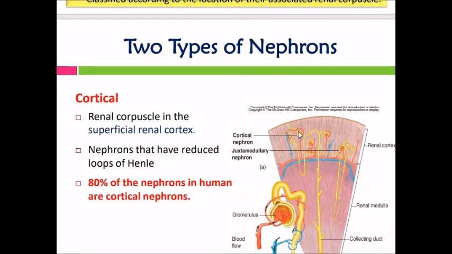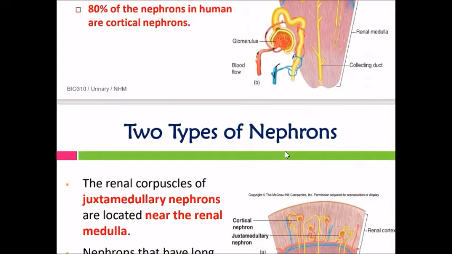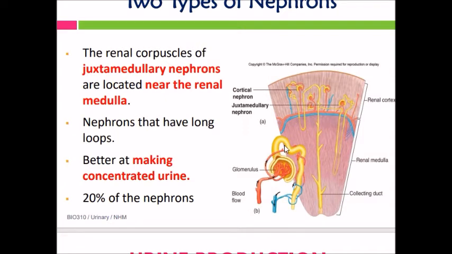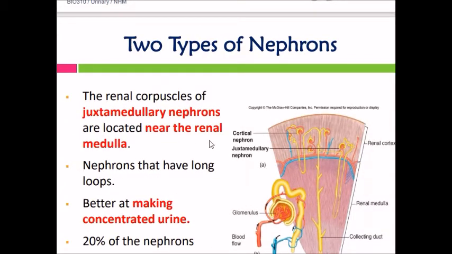This type of nephron has a reduced length of loop of Henle, shorter compared to the juxtamedullary, and this type makes up 80% of the nephrons inside the human body. Meanwhile, the juxtamedullary nephrons are associated with renal corpuscles located near the renal medulla, at the lower parts of the renal cortex.